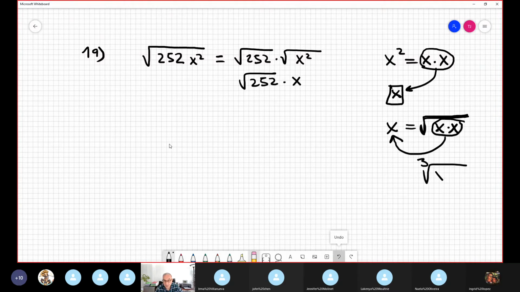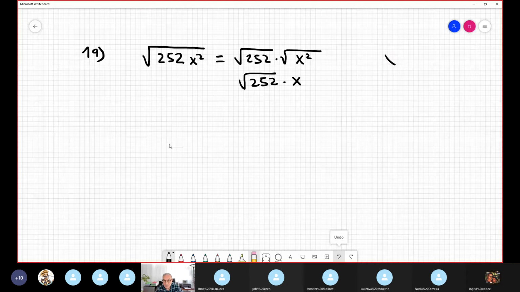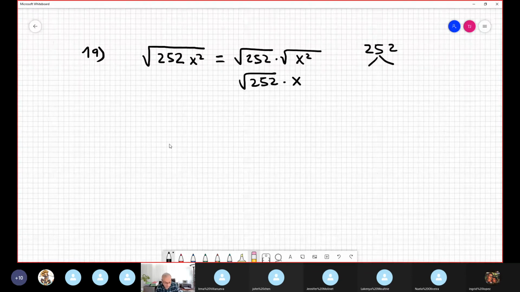Okay? But the problem is when you put in a calculator the square root of 252, it gives me a decimal. No good. That means that 252 is not a perfect square number. But don't worry, be happy. You break it down. That means the approximate answer is not correct.